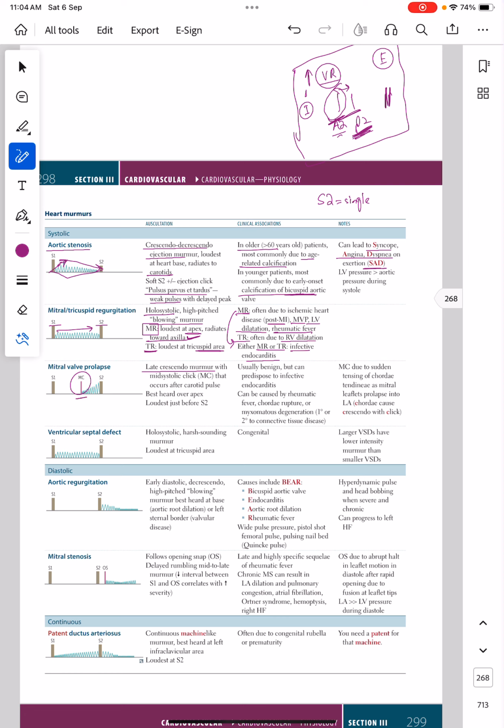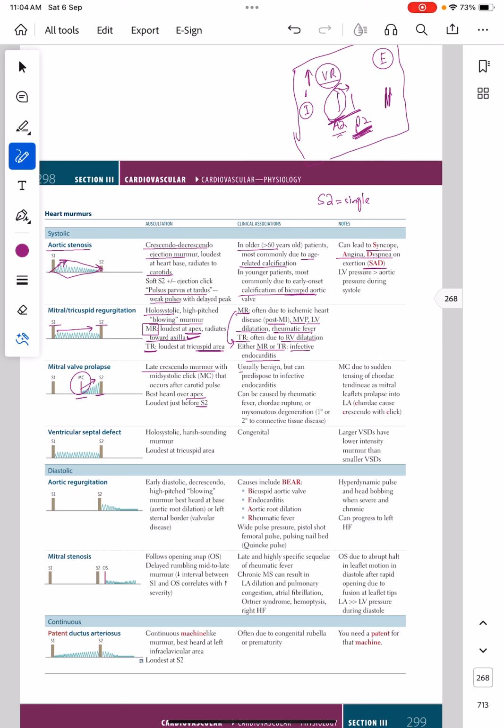It is called a mid-systolic click, followed by a late decrescendo murmur. Why does this click occur? Because of the extra redundant tissue, whenever the mitral valve closes, it produces that click. It is due to sudden tensing of the chordae tendineae as the mitral valve leaflets prolapse into the left atrium. It is best heard at the apex, and it is loudest just before S2.